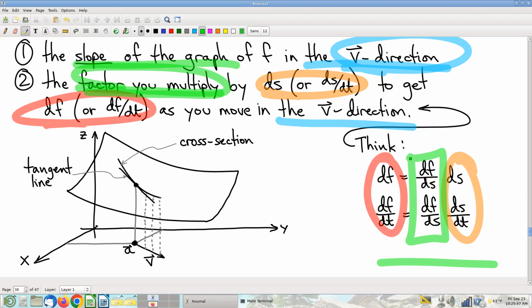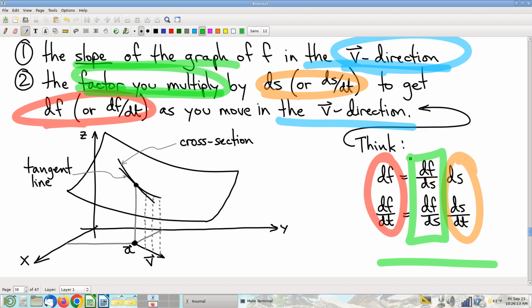So an alternative interpretation of this, saying that directional derivatives are a factor that you multiply by input change to get output change. Another way to say that is directional derivatives are rate of change of the function with respect to distance. So importantly, to be distinguished from rate of change of the function with respect to time.